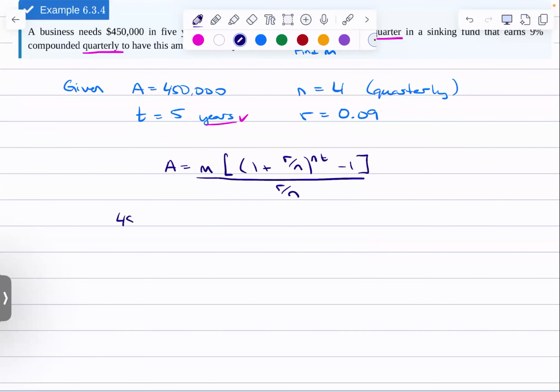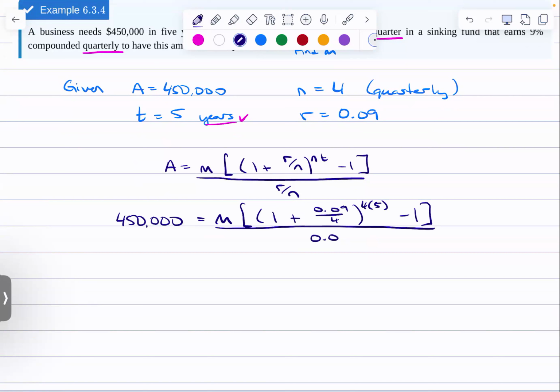I need A to be 450,000. I'm solving for M, so I leave it empty. 1 plus 0.09 divided by 4 to the power of N, which is 4 times T, which is 5, and then minus 1 divided by 0.09 divided by 4.